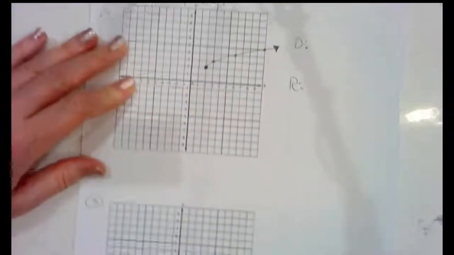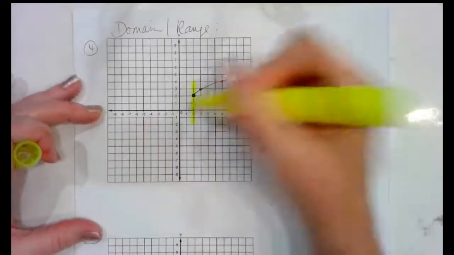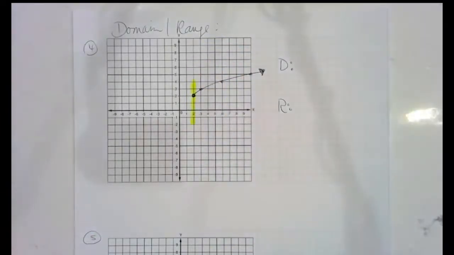Next, we've got a couple of graphs just to remind you about domain and range. Remember, the domain is read from the left to the right. So as we move from the left to the right, we see a definite starting point on the x-axis right there.